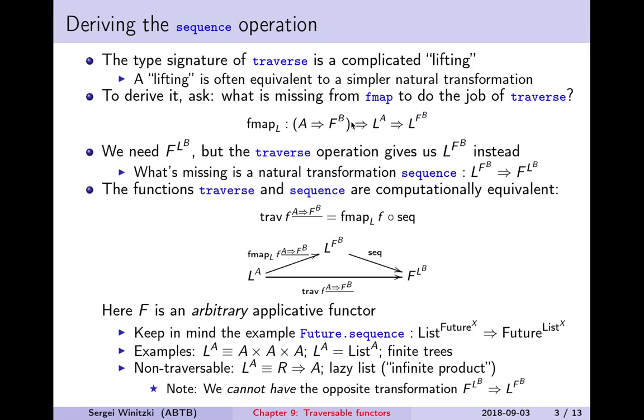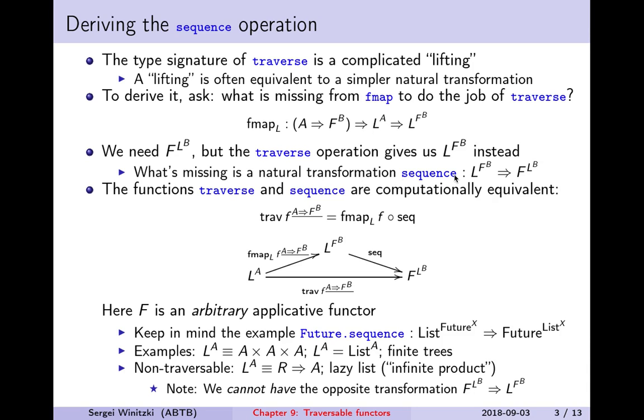So, you see, this F needs to be outside, and that's what's missing. So we need to transform LFB with F inside into FLB with F outside. So that's the transformation, that's a natural transformation that we expect to be equivalent to traverse.